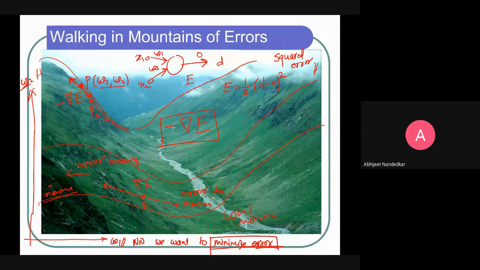Ultimately, if you go on traveling in the negative gradient direction, you will land at the minima. There is no point below this surface, so the network will settle here. That is the minimization of error, and we call moving from this point to the minimum point training of the network.